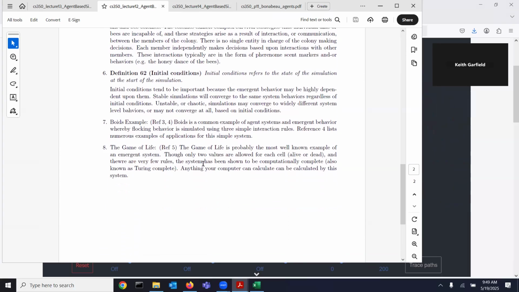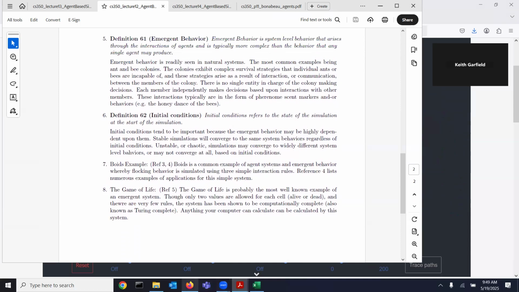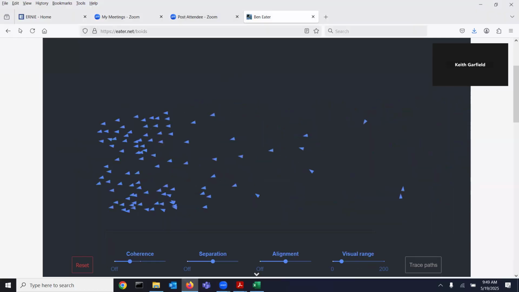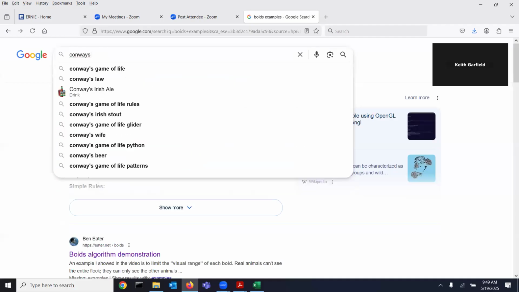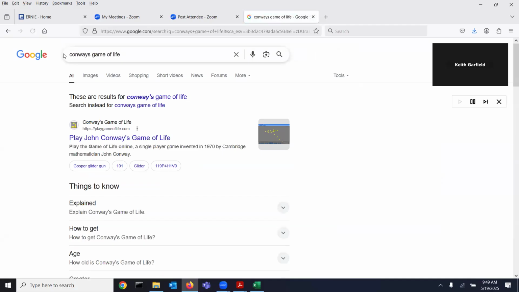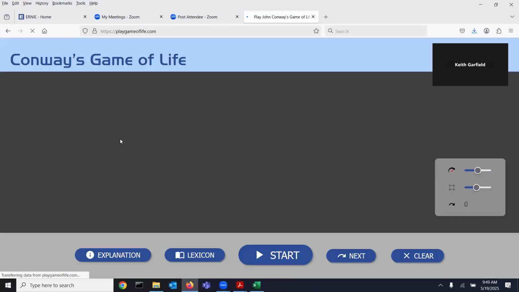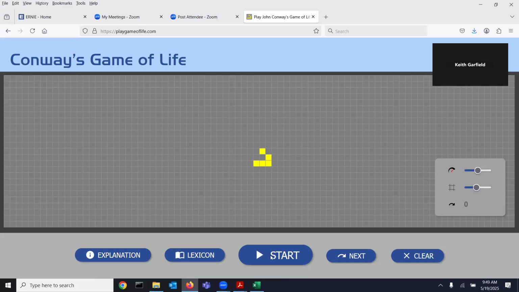Okay, Game of Life. See if I can find that real quick. So let's see, do we have rules? Somewhere in there's rules. So this is, again, just cells, and the rules are going to be basically if I'm lit up, I'm alive, and if I'm lit up all by myself, I die.